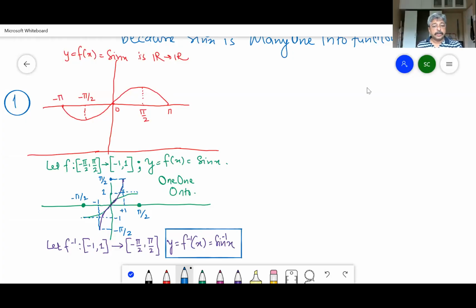Okay. If you are done with this and if you have understood what exactly we have done, let us do it here for cos. y is equal to f of x is equal to cos x.